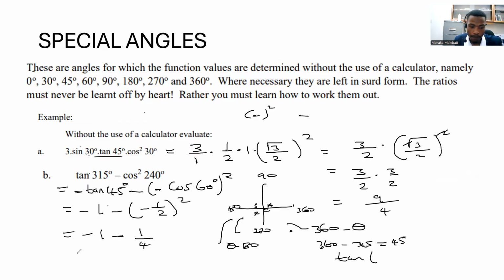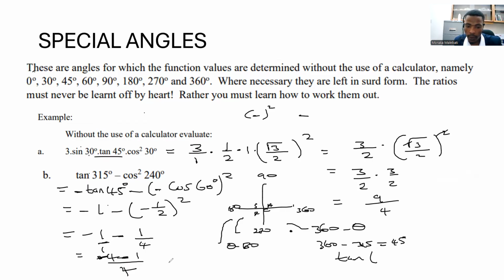Then I can make 4 the common denominator. 4 divided by 1, it's 4. 4 times 1 is 4, minus 1 over 4. Remember, we still have minus here.